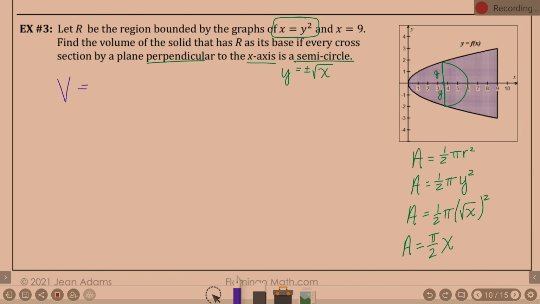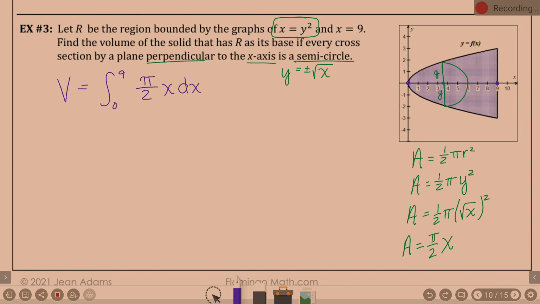Yeah. 0 to 9 because we're starting here, ending here. Of, what am I integrating? Pi over 2x. My area, pi over 2x. Dx. Okay.